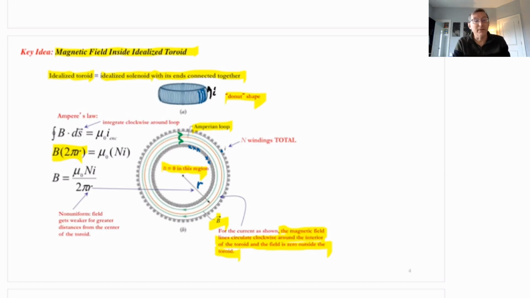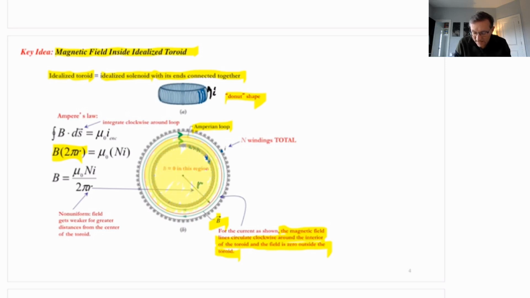That's the left side of Ampere's law. Then you need the right side. Mu0 times I enclosed. So now what I need is all the current that is enclosed by the Amperian loop and pierces, therefore, the surface inside the Amperian loop. So let me shade all that surface in.